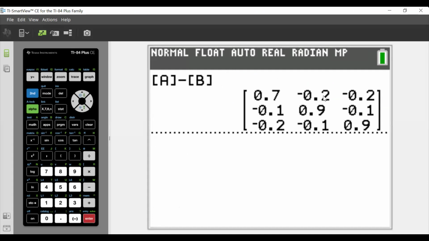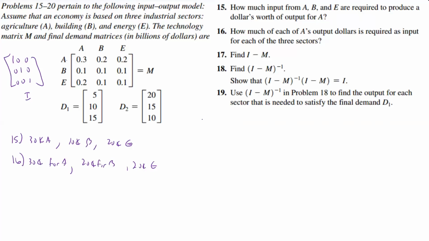Let's write this down over here. For 17, we have 0.7, minus 0.2, minus 0.2. Then we had minus 0.1, 0.9, minus 0.1. Then we had minus 0.2, minus 0.1, and 0.9. And that's going to be our I minus M.